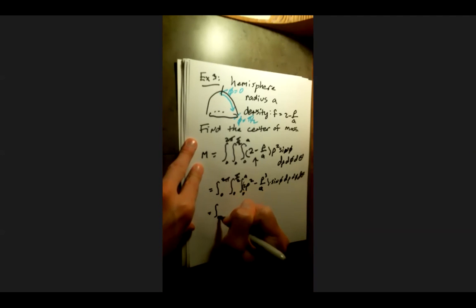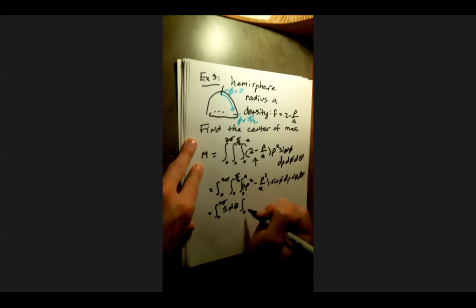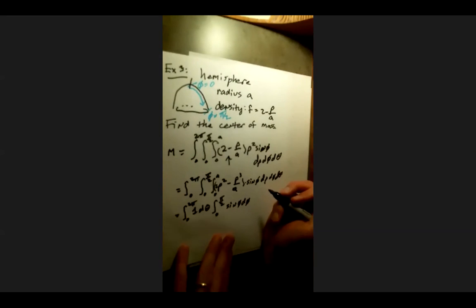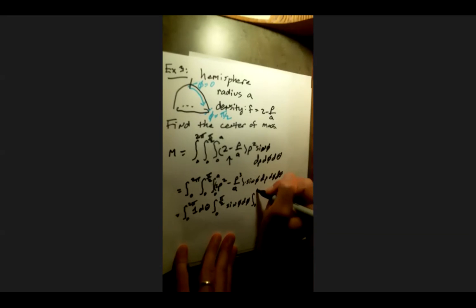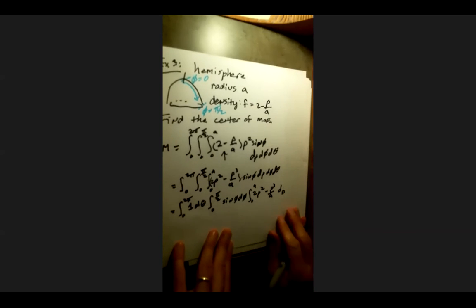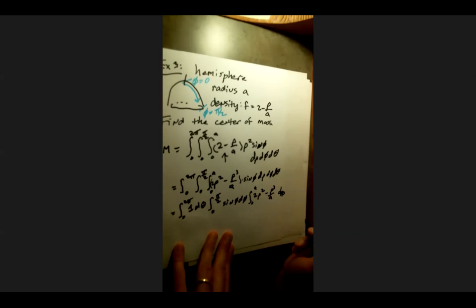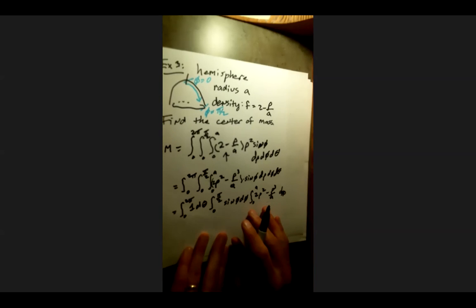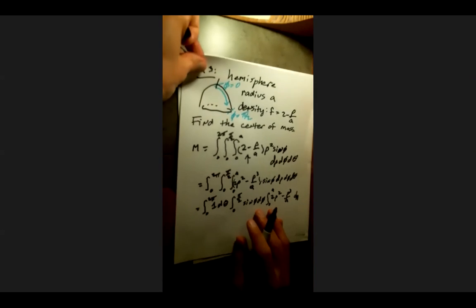So this is going to be the integral from 0 to 2 pi of 1 d theta, times the integral from 0 to pi over 2 of sine phi d phi, times the integral from 0 to a of 2 rho squared minus rho cubed over a d rho.